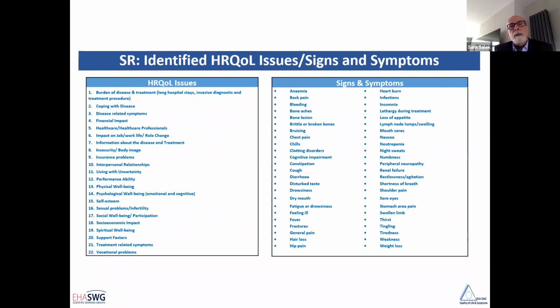So the issues that we identified are listed on these two slides. I hope you're able to see things such as the burden of disease, disease-related symptoms, coping with the disease, and also in the group of signs and symptoms, anemia, body pain, back pain, bleeding, bruising, all those symptoms that are associated with hematological malignancies.